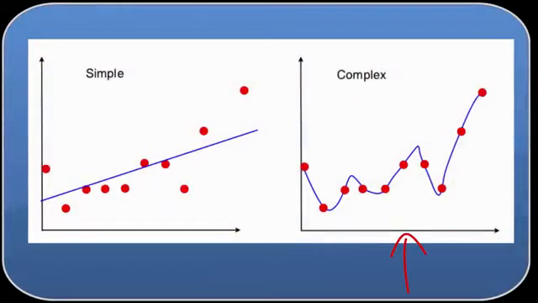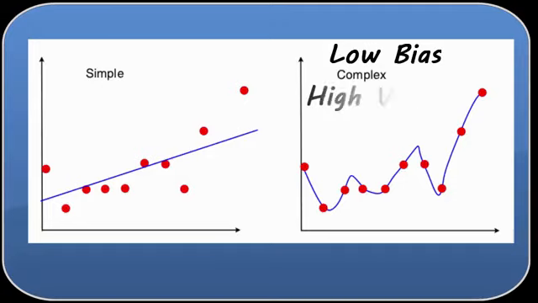In the complex model on the right, the observed values are all very close to the estimated regression line, so the error rate is low, meaning that bias is low. However, more complex models attempt to capture every pattern in the training data set, even those that occur by chance. The chance patterns are specific to the sample on which the model was fit and are not likely to exist in the test data set.